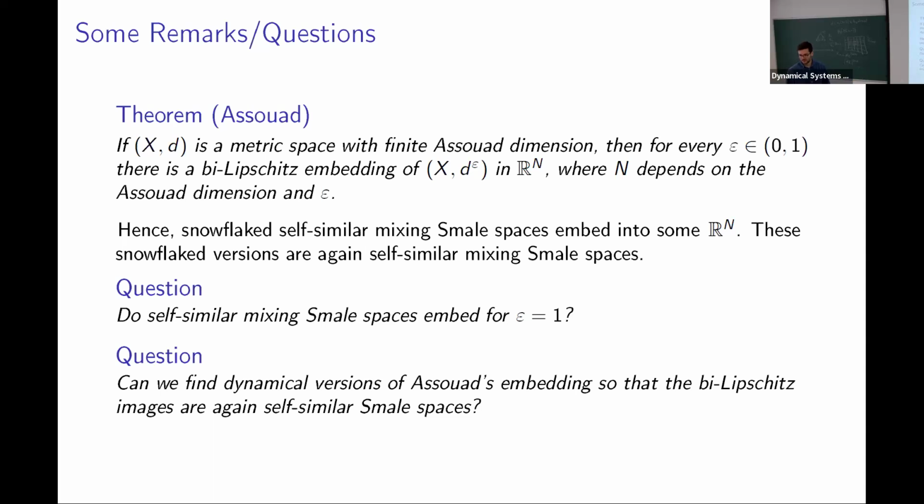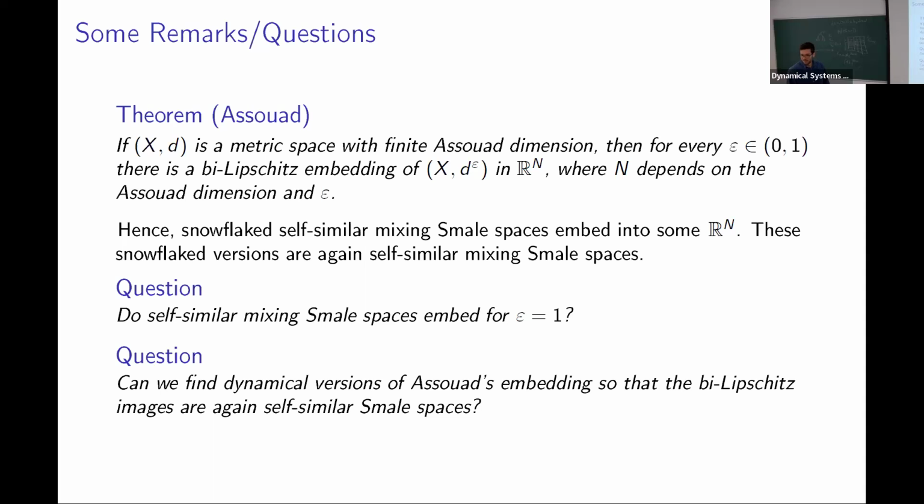It's not precise what I'm saying, but it is something similar, I guess. Because now we know that you can embed Smale spaces into Euclidean space. Or smoothly. How smooth?